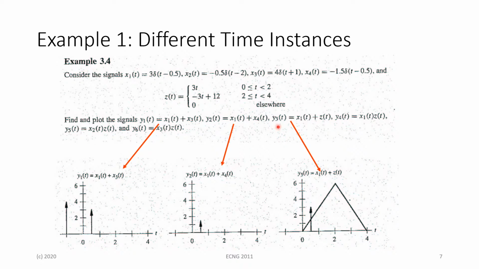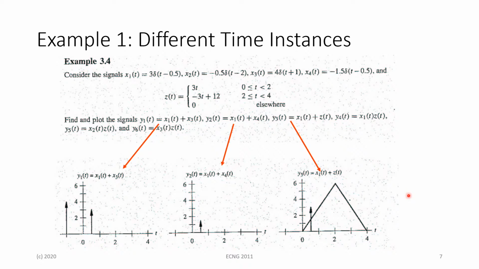For our y3 of t signal, because this is x1 of t and z of t, the addition of the two signals is if we just draw our z of t signal here accordingly, and we just map our impulse accordingly here for the x1 of t signal. So for addition of impulses, once they don't occur on the same time instance, that means you just draw them accordingly as if they are represented independently of each other.